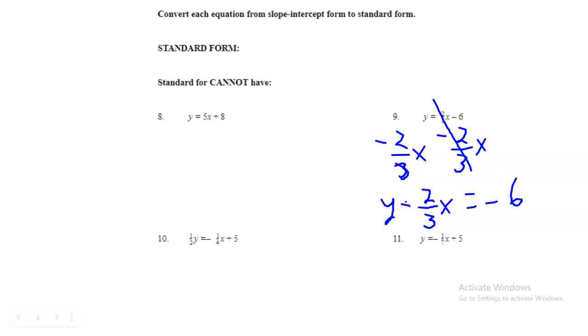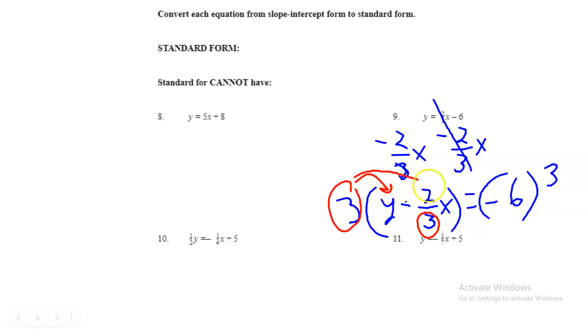Okay, so I'm going to get rid of this 3 on the bottom here, in this fraction. In order to do that, I want to multiply both sides by 3. When I do that, this 3 and this 3 are going to cancel out. Remember, I got to use the distributive property.